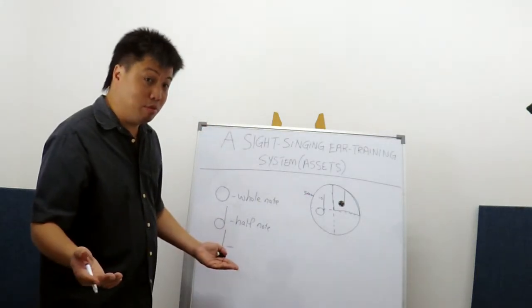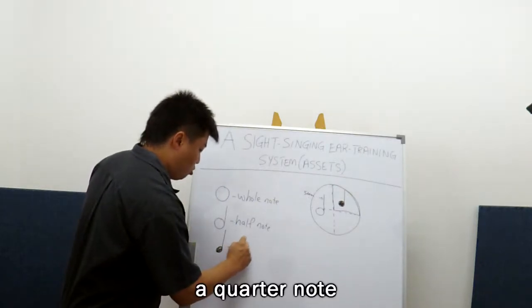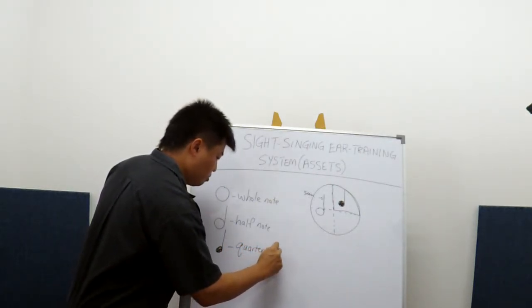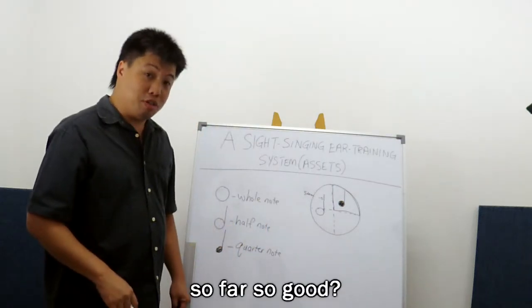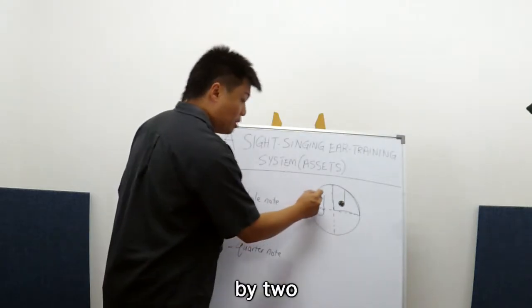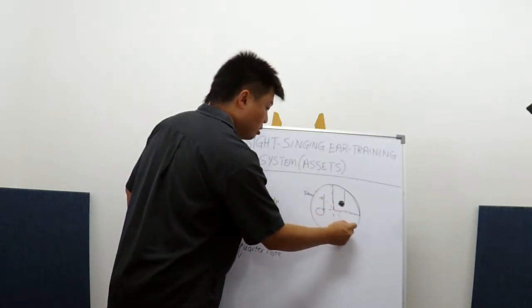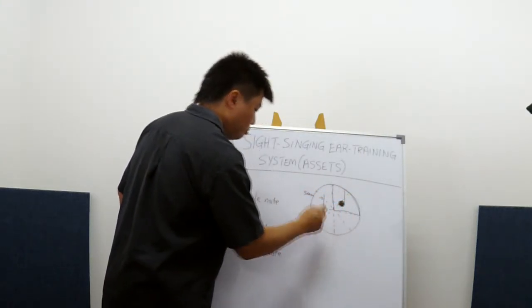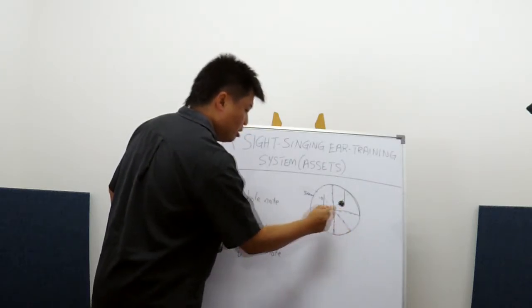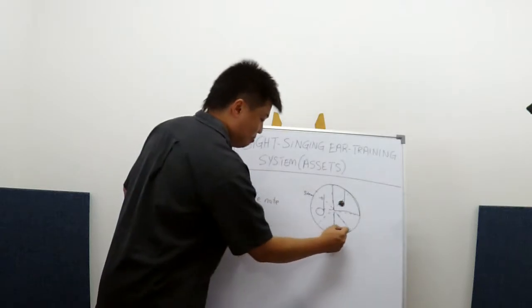Half divided by 2 will then be called a quarter note. So far so good? If we divide the pizza again by 2, then this region now becomes 1/8.